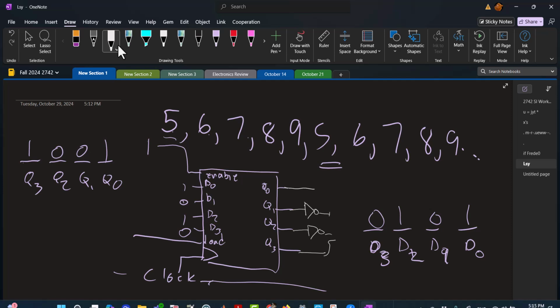I could do the AND of all of these. And I know when that's true, then it's time to load. Because when I have a 1, 0, 0, 1, that means I've got a 9 and it's time to load. Now, oftentimes it'll work out if you just catch the 1s. You don't even have to catch the 0s. And that would work out here. You don't actually have to have the 0s in there because that would give you the value that you would need.